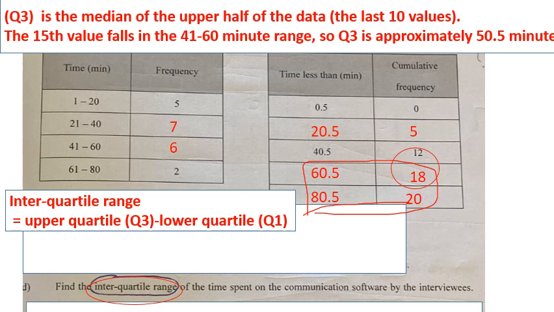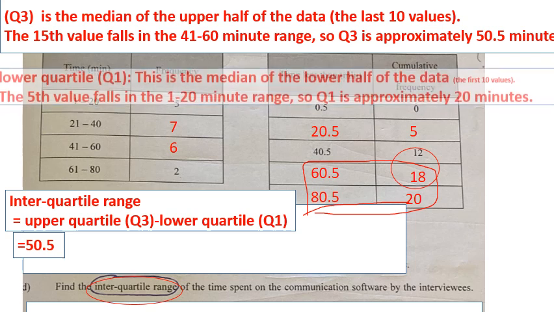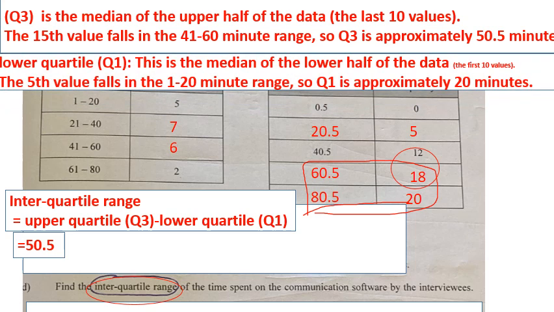So you can see here, 12 plus 3 is 15. 15 plus 3 is 18. So the 15th must be in the middle from 40.5 to 60.5. The midpoint from 40.5 to 60.5 is 50.5.